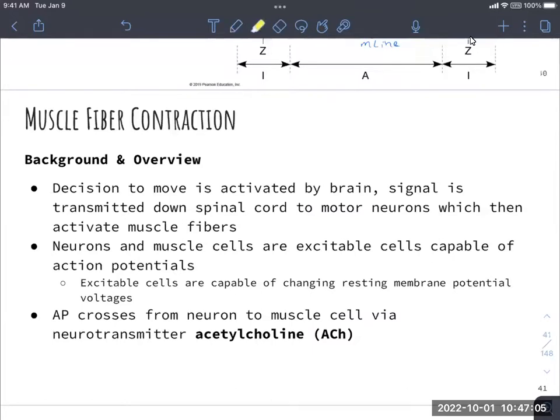Since neurons and muscle cells are the only excitable cells in the body, they are capable of action potentials. An action potential is when a nerve communicates with something else. It is that information being sent.